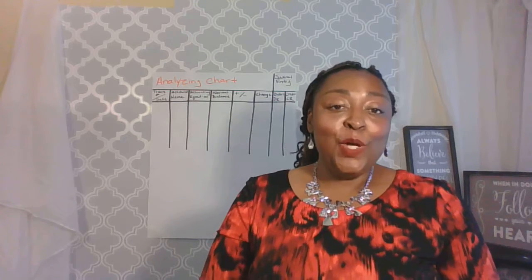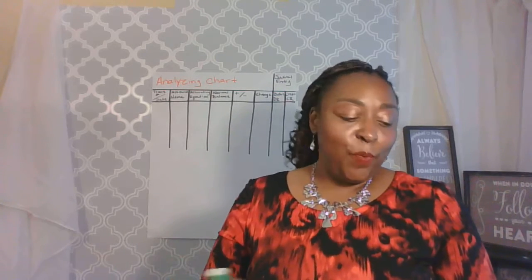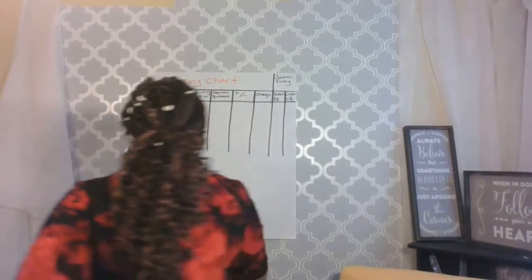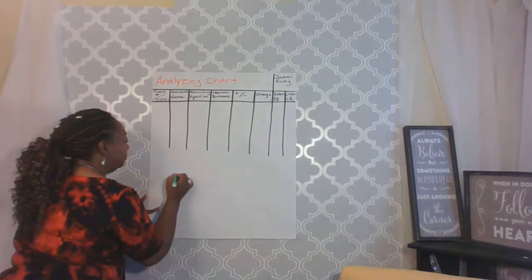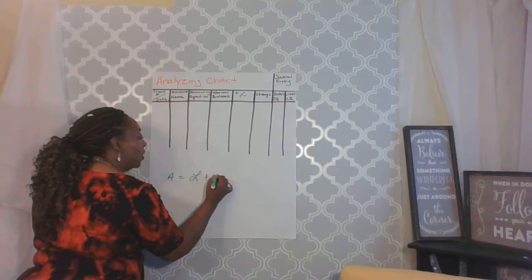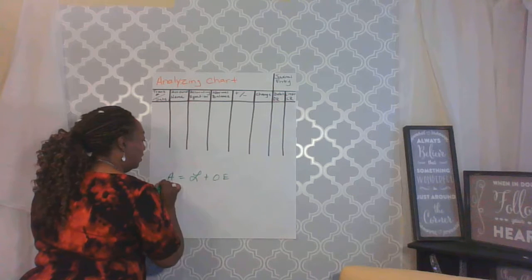All right, so today in this video we're going to focus on withdrawal, also known as the drawing account. I'm going to do a quick review down here at the bottom. Assets equals liability plus owner's equity.